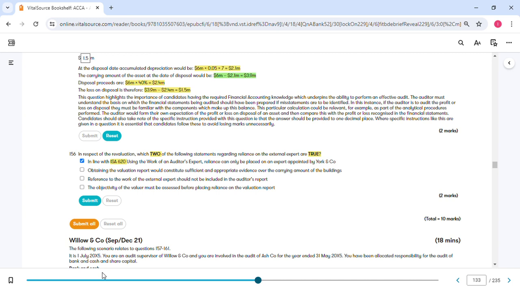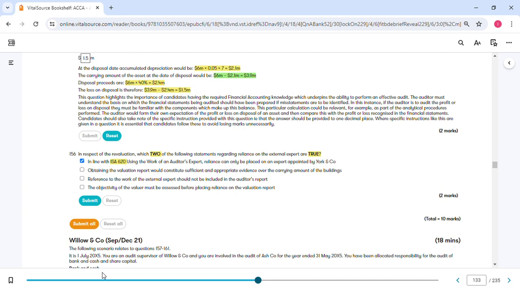Between third and fourth. Sir, if the expert is significant, we can mention it in the audit report. Pardon? We can include or we cannot include? We can include if it is significant. Here we are not talking about significance now.